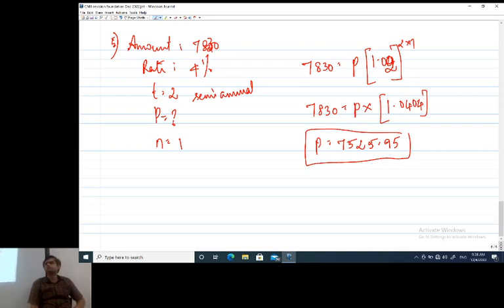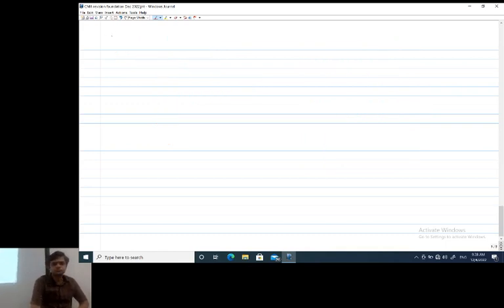Shall I proceed? We are going ahead with the 7th problem. A person opened an account in April 2011 with a deposit of 800. The account paid interest at 6%, compounded quarterly.